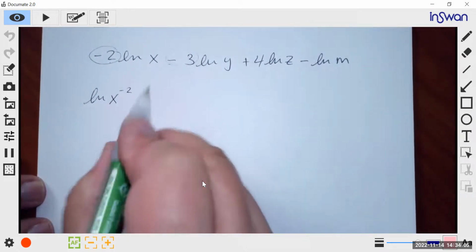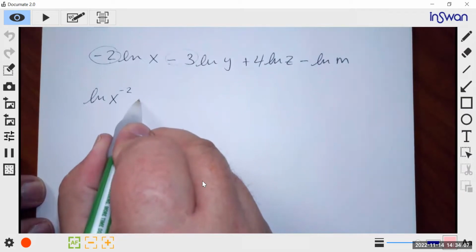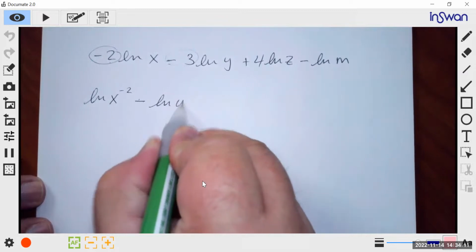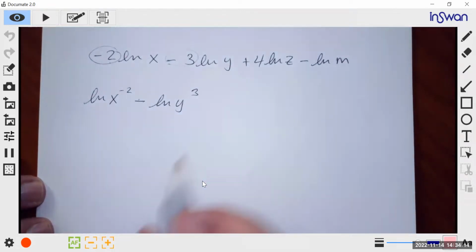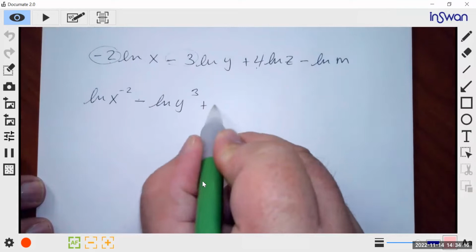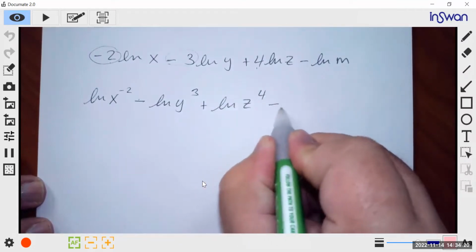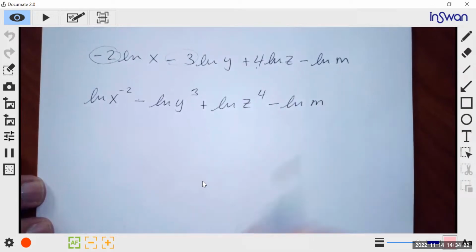This is a -3. But we need to have a sign between there, so it's ln y to the third plus ln z to the fourth minus ln m.